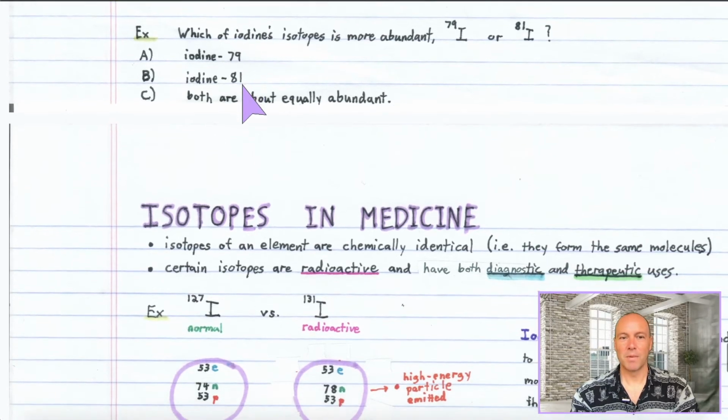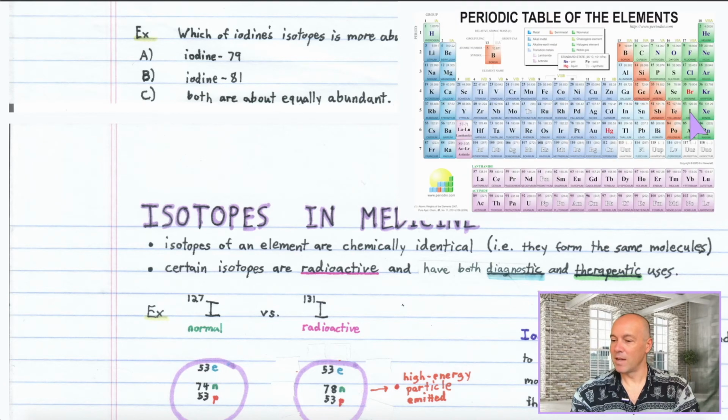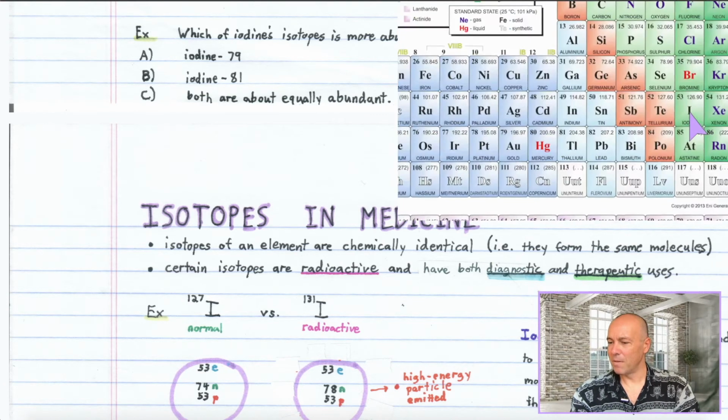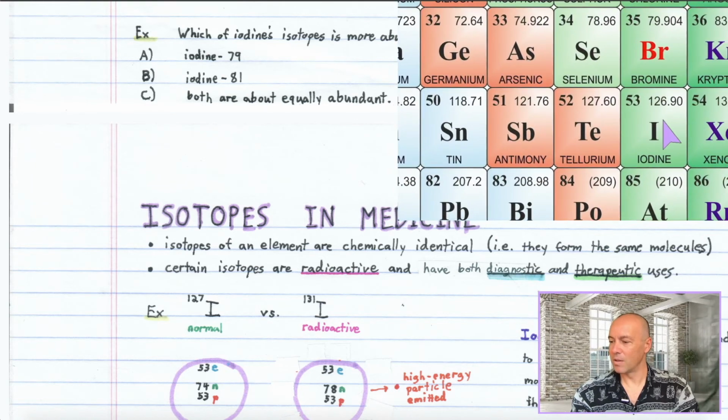In the last example, which of iodine's isotopes is more abundant, iodine 79 or iodine 81? Let's find iodine. Iodine is element 53, so there it is.